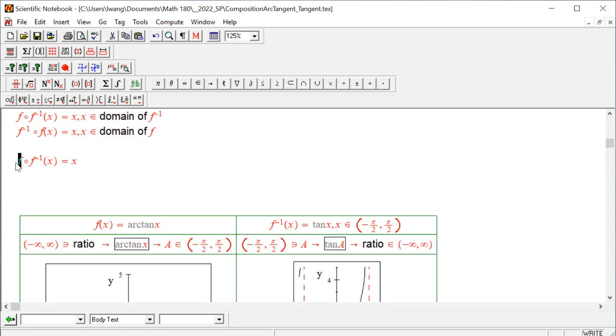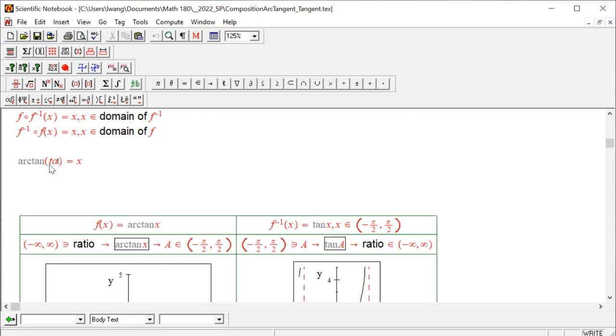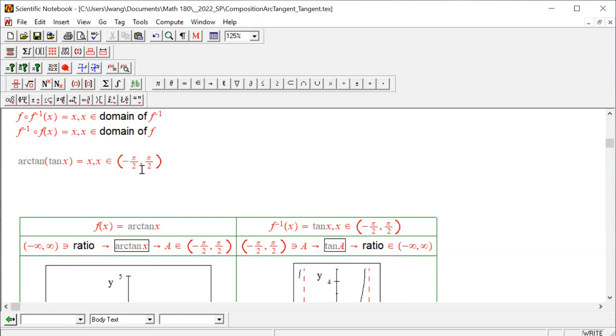So this is going to be arctangent of f inverse, so that's going to be tangent of x. And we're going to attach this piece: x is going to be from the domain of f inverse.